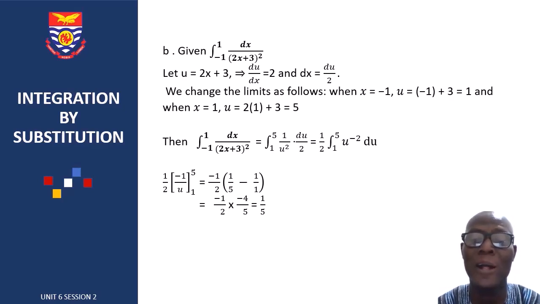Then the integral, the lower limit 1, upper limit 5, u exponent -2 du. Now we integrate u exponent -2, which gives u exponent -1 divided by -1. Then that gives -1 over u, multiplying 1 over 2.